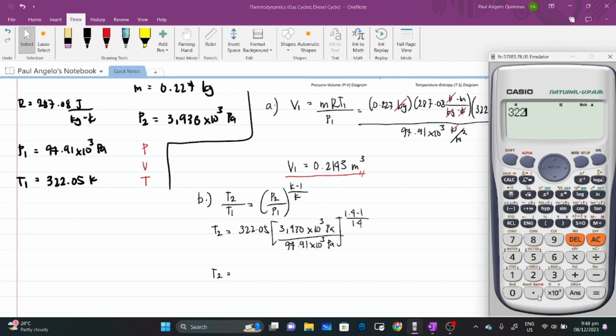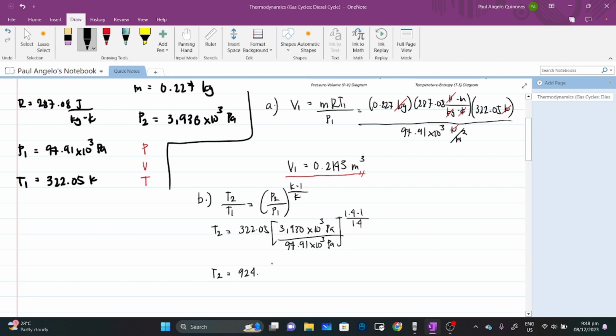We have 322.05 quantity 3930 divided by 97.91 raised to 1.4 minus 1 over 1.4. So T sub 2 is 924.878 Kelvin.